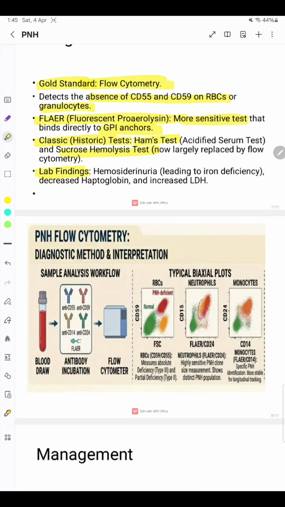And other clinical biochemistry findings involve the urine. There will be hemosiderinuria, ultimately leading to iron deficiency, and there is decreased haptoglobin level and increased LDH level in the serum.